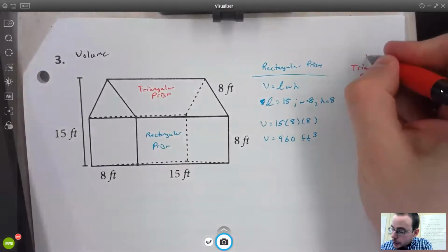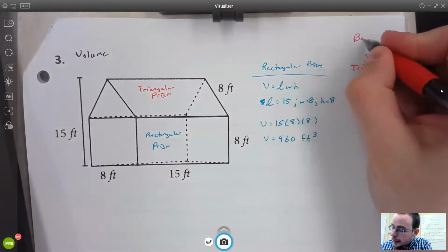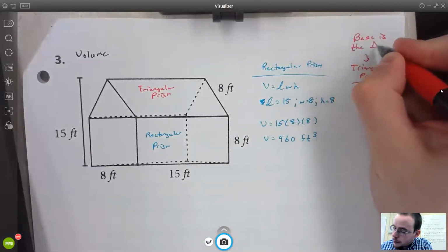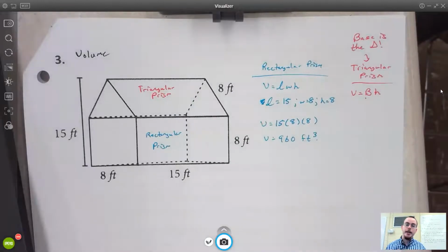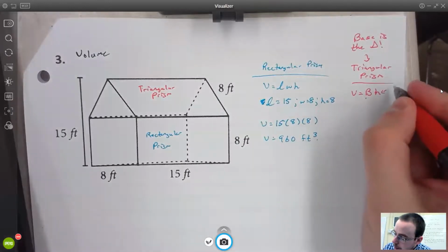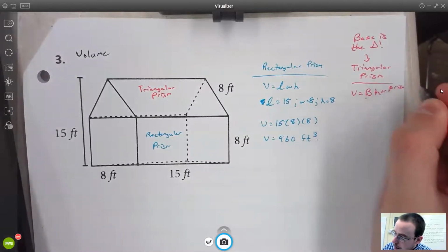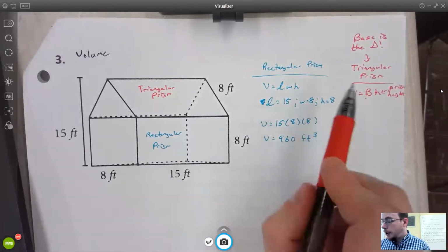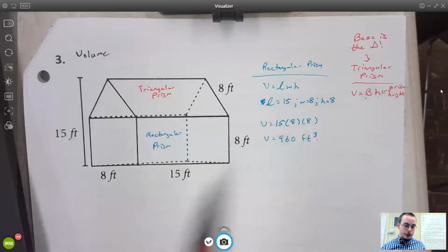Remember, for any triangular prism, the base is always the triangle. It is not the rectangle. It is the triangle. Okay? And the H here is the height of the prism, not the height of the triangle. So we're going to go ahead and determine what the height of the prism is first.